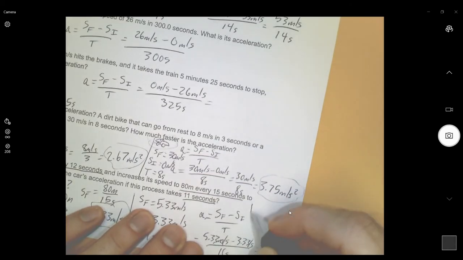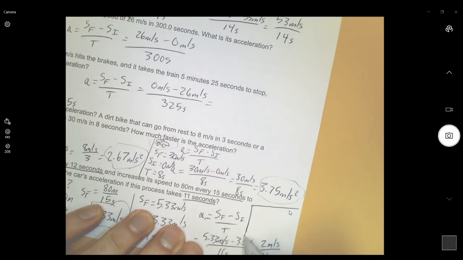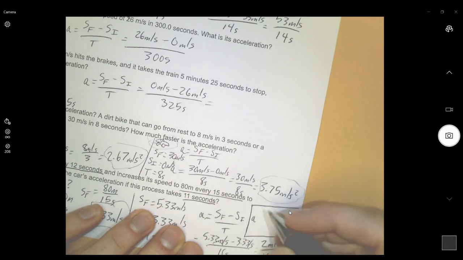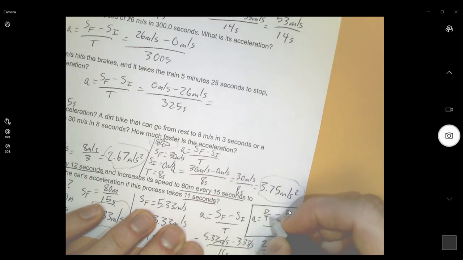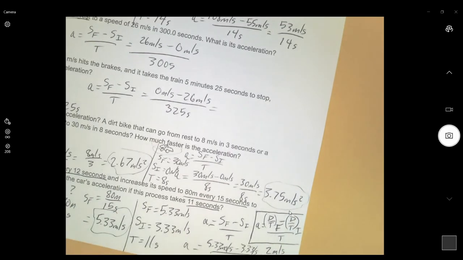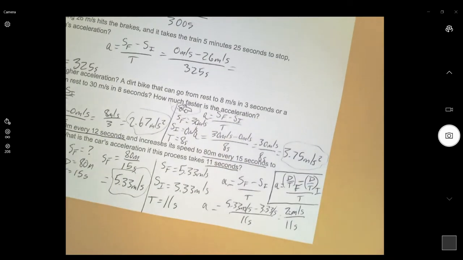So the cool thing is, if you were to write this actual equation out of acceleration, it's going to be distance over time minus distance over time, but we would call this one final, and this would be initial. So there's a whole bunch going on in that little equation. But there's the whole thing. You'll have to work out the math to find the answers to each of these.